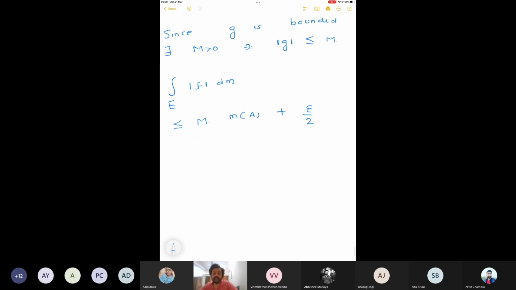Now I want to make the integral over A of mod f dm less than epsilon. What is enough?